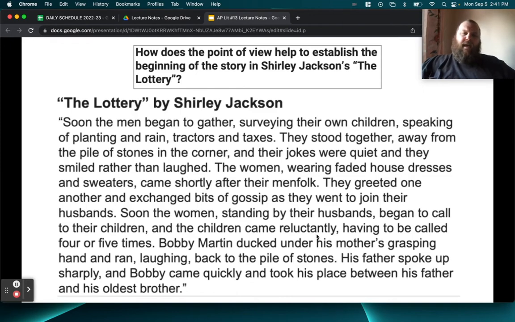The reluctance there, we only know that the children are reluctant because they are moving towards their parents reluctantly. They had to be called 4 or 5 times. So again, our narrator is seeing things happen, but can't see within the thoughts and feelings of the characters. It's really just seeing events unfold.